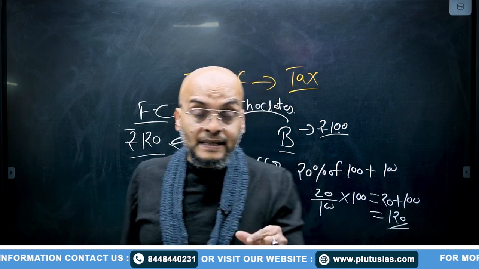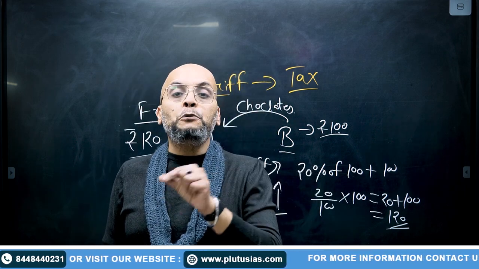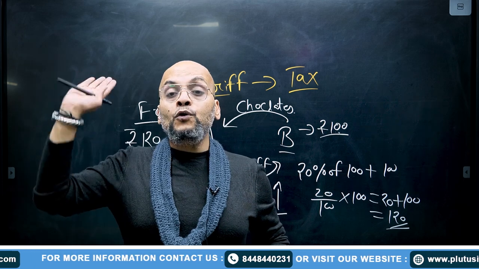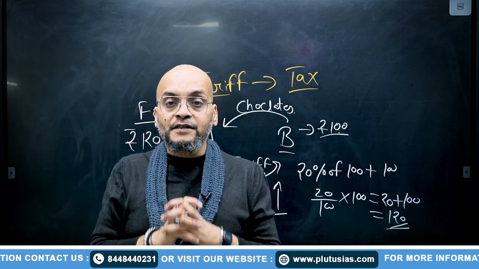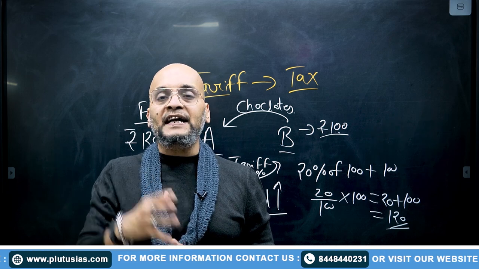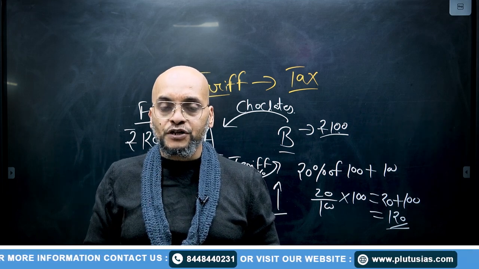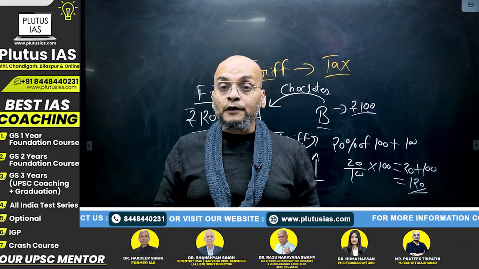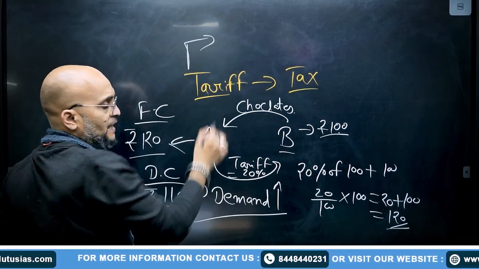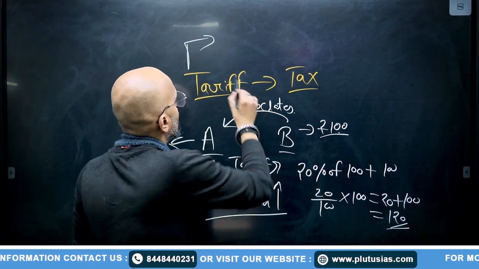So, due to this reason, countries impose tariff. They try to promote their own domestic industries by trying to reduce the import. The objective of tariff is to reduce import and promote the domestic industries. This is the objective of the entire policy of protectionism.